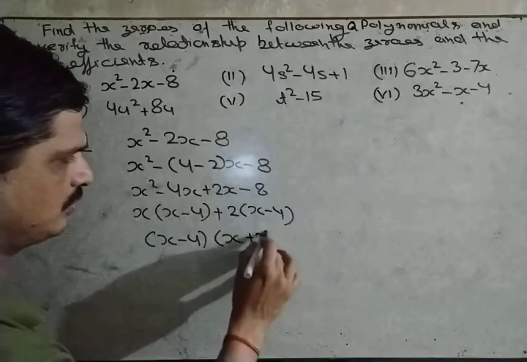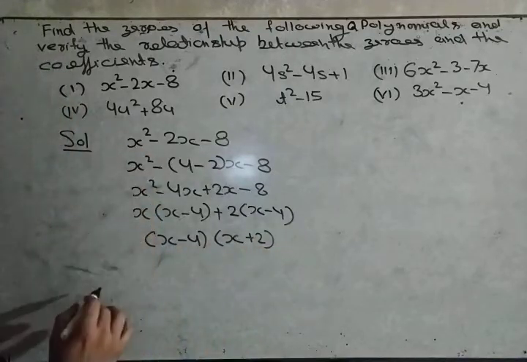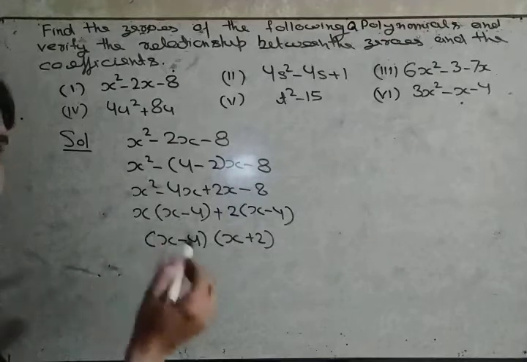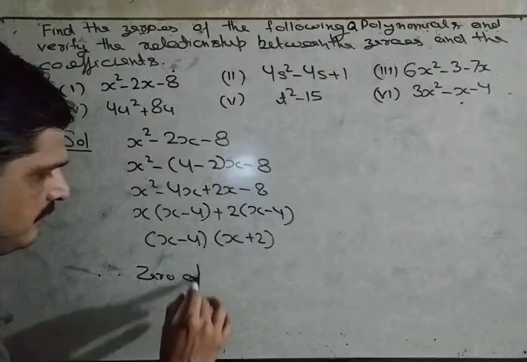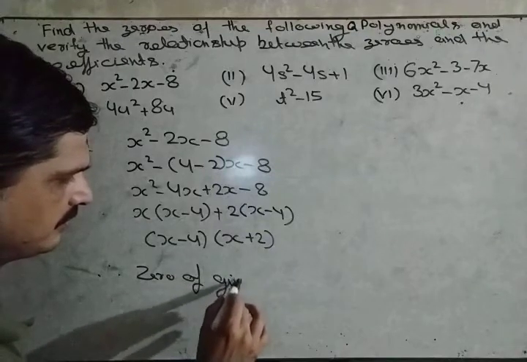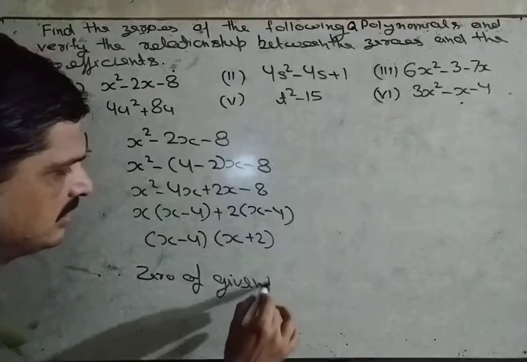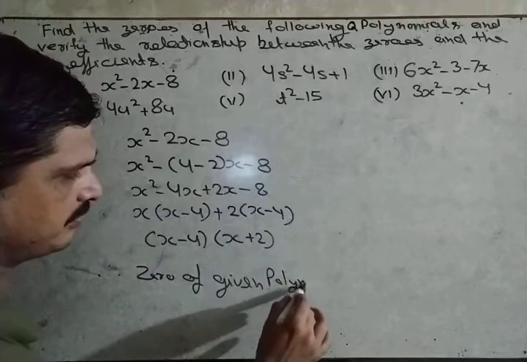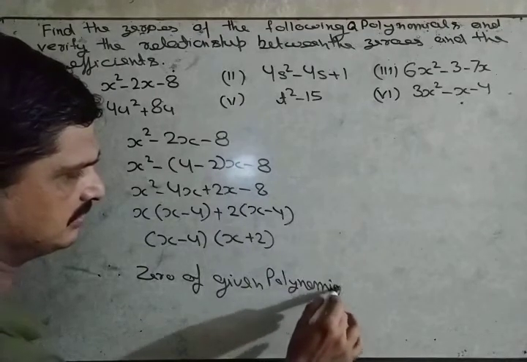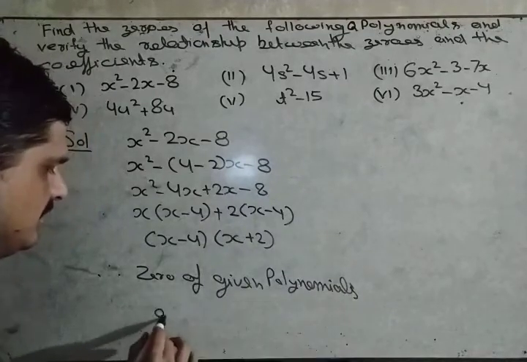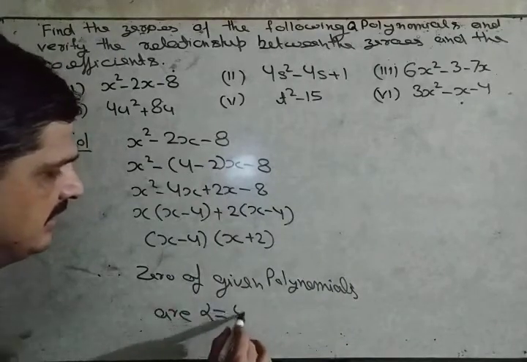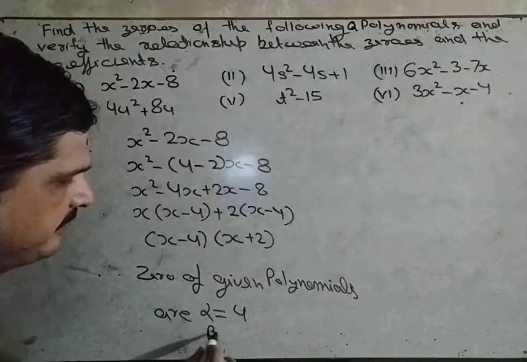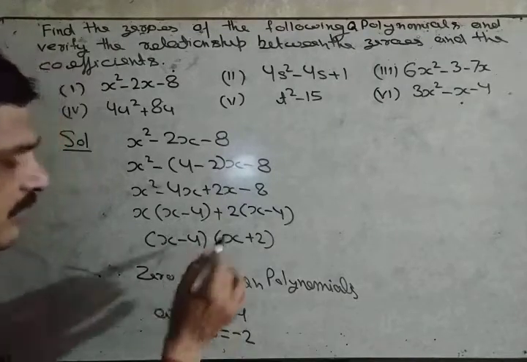So the zeros of the given polynomial, you can write, are alpha and beta. Always use alpha and beta; you have to change the names.